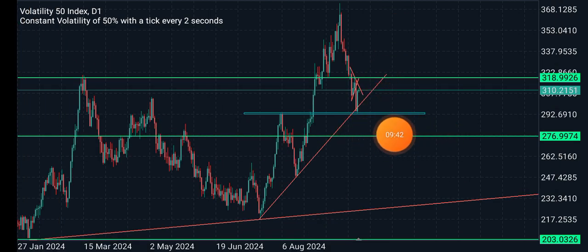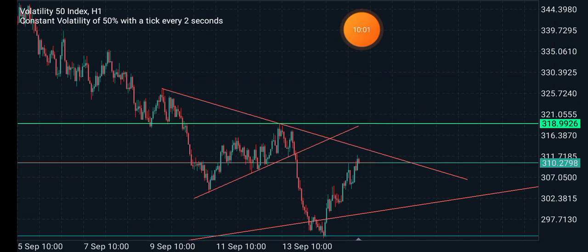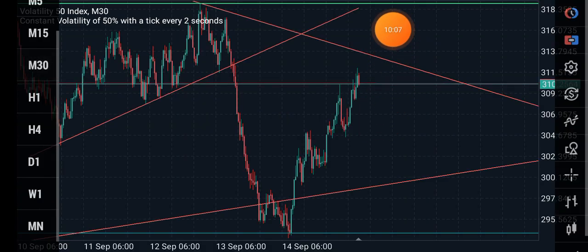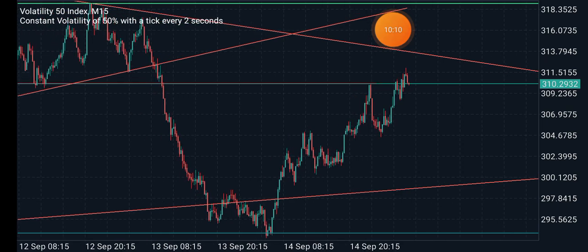We'll be looking at targeting 276.9974. You get me? We'll target that place before we can start seeing any kind of buy coming. So this is my analysis on this particular volatility 50.